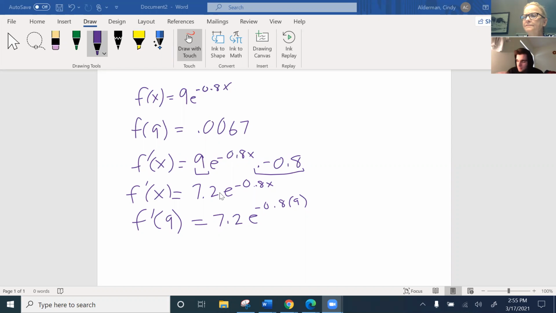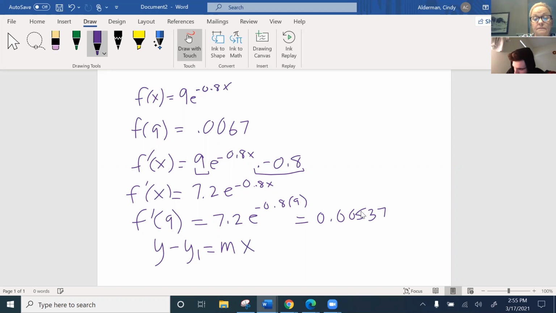Okay. See it? So yes. That there, 9e to negative 0.8x, and you're just multiplying the 9 and the negative 0.8 to get 7.2. And then just e to the negative, so you're keeping that negative 0.8 and that power there. I see.